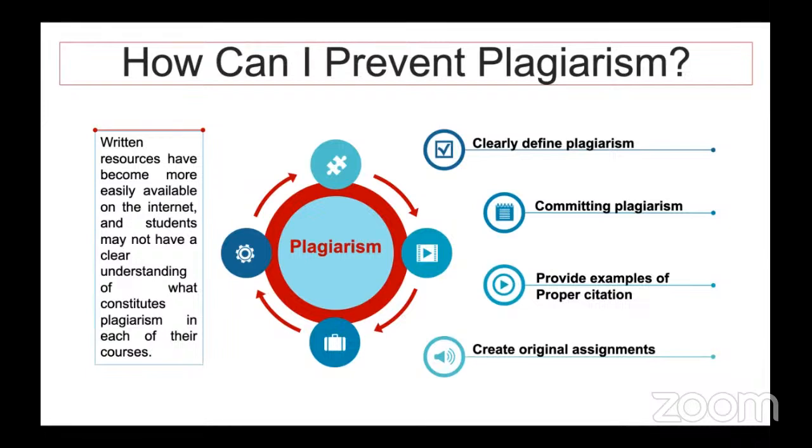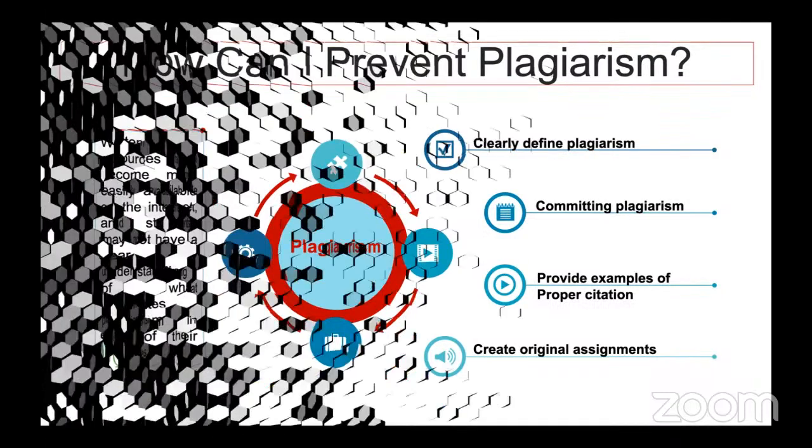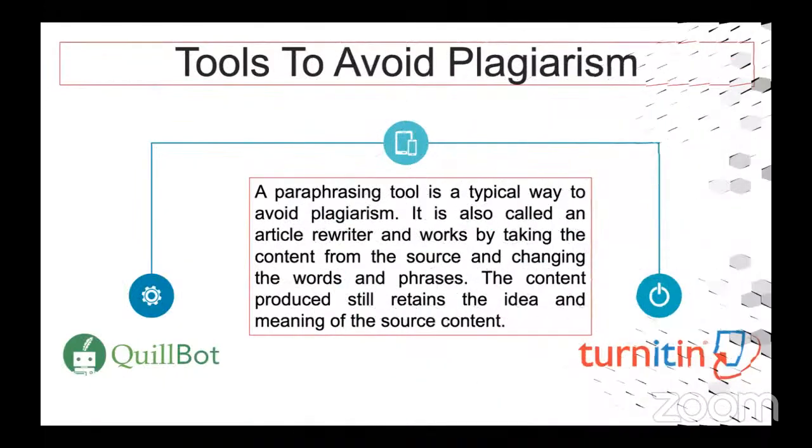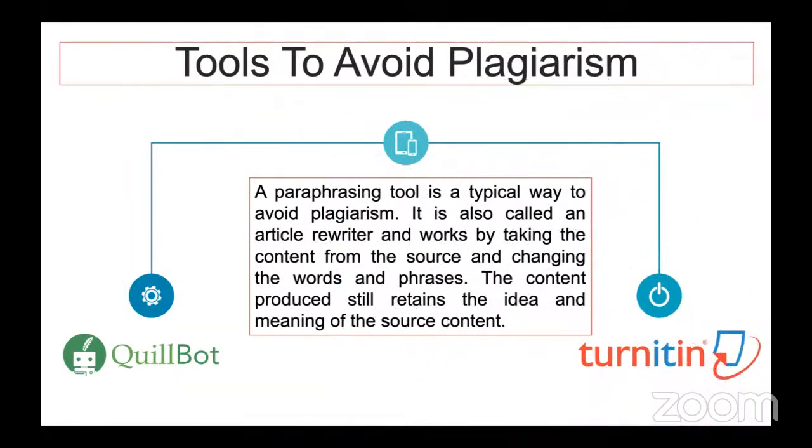You have to provide them examples which can help them understand how to make a citation. So create original assignments. You have to tell them how to go ahead with creating original assignments. All these steps are really important for you to understand. First, you have to understand it yourself, and once you're done, you can go ahead and tell the students.